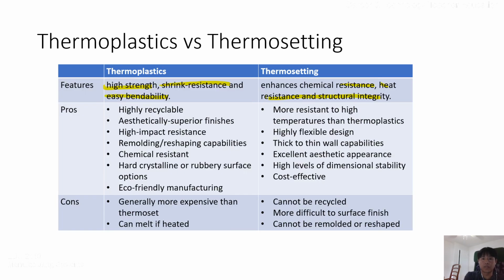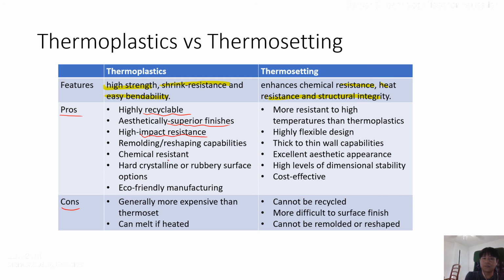And the pros and cons. These are high school level contents. So there are pros and cons. Thermoplastic is highly recyclable and has an aesthetically superior finish and high impact resistance.